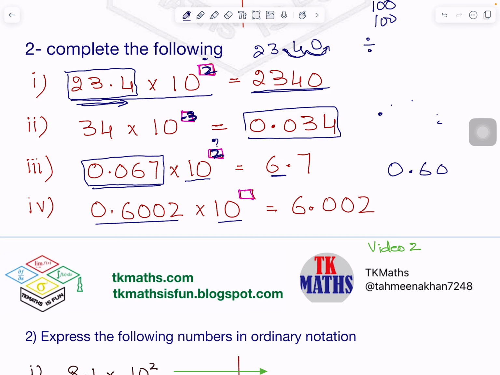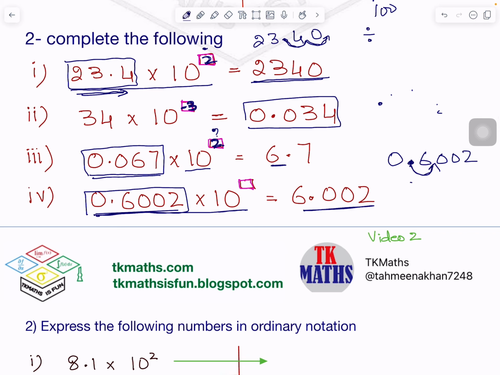Let's look at the original number which I was multiplying by 10 power something. I just took this number and saw what happened. From here the decimal has gone here. It came after 6. So the movement happened to the right-hand side by 1 jump. So it will be 10 power 1, because right means plus.